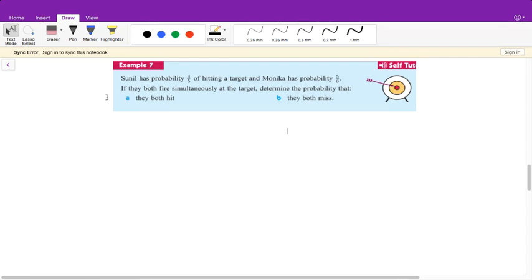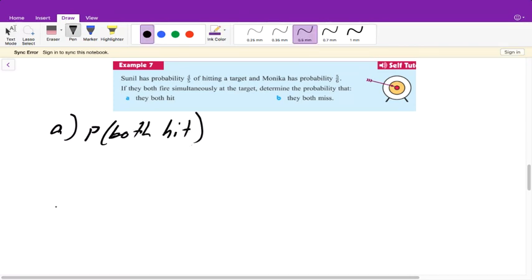But in this case, we're treating them as independent of each other, because the question doesn't tell us that they're firing at the exact same target. I will make sure the question in your test is a little bit clearer than this, but we can imagine that they're firing at their own individual targets standing in front of them so they don't affect each other. So now we're trying to find A, the probability that they both hit.